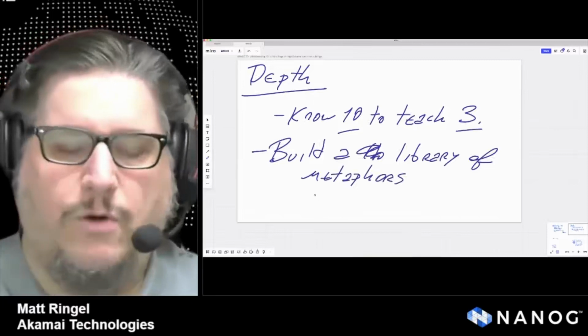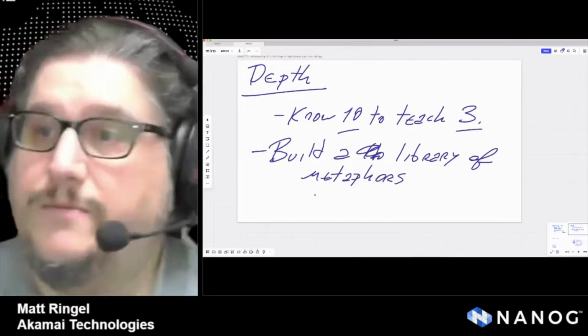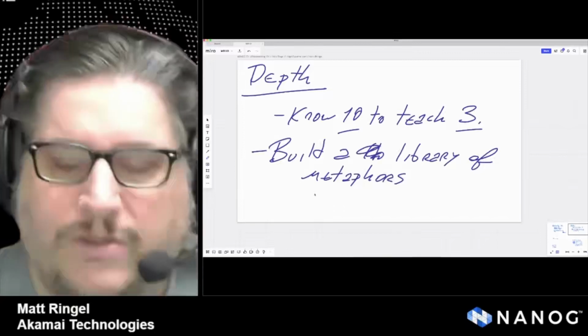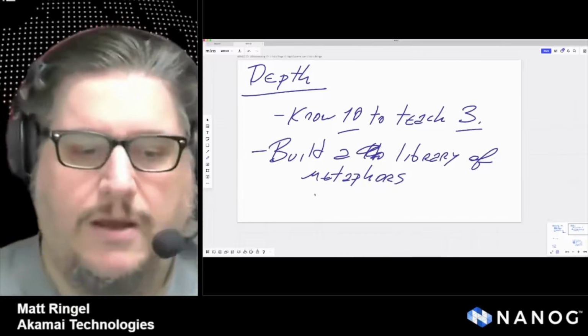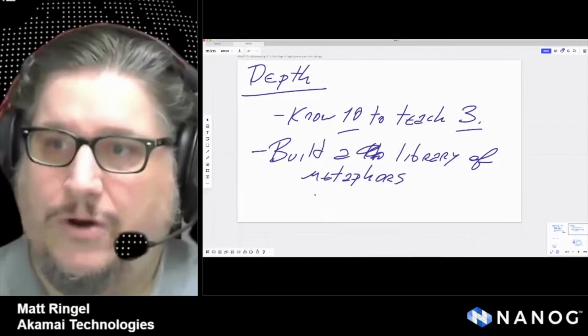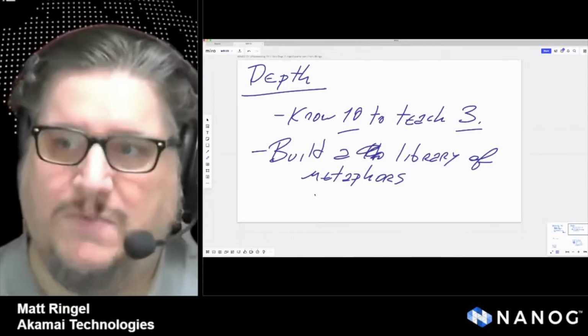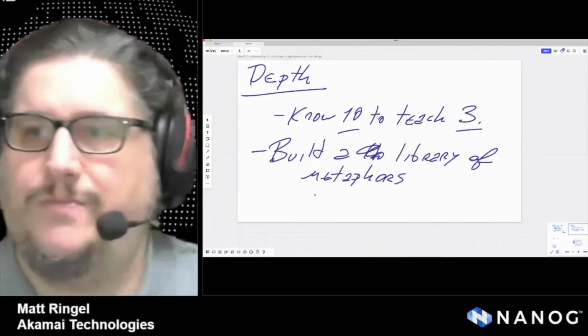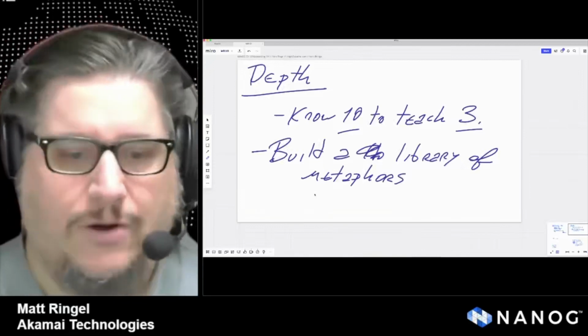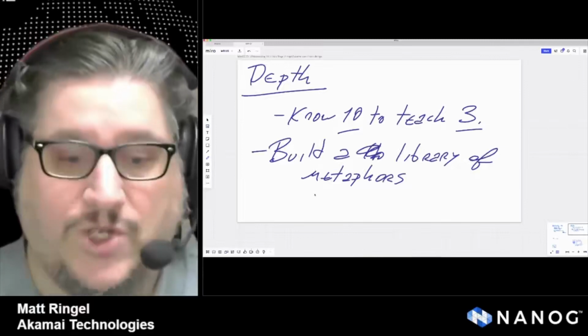Think about how you want to talk about your subject. Think about what metaphors you're going to use. The more ways that you can describe a topic, the more audiences you're going to be able to reach. And you don't know how many audiences you have. You can have 6 people and 3 different audiences in a room. They're all listening for different things, they all learn different ways, and they all need to figure out what's going on.